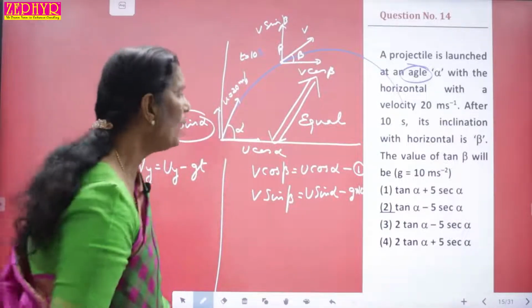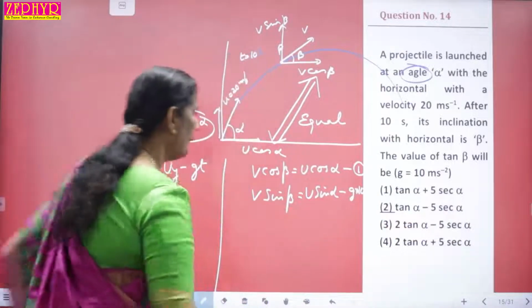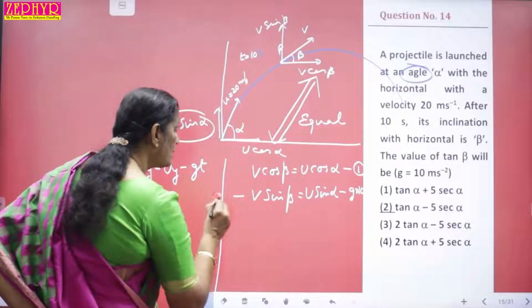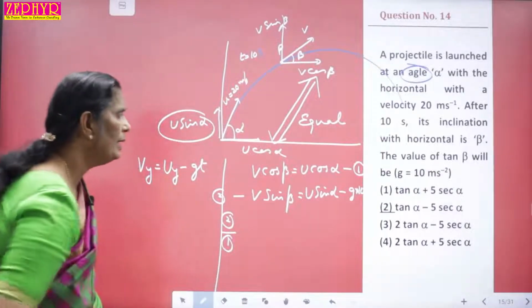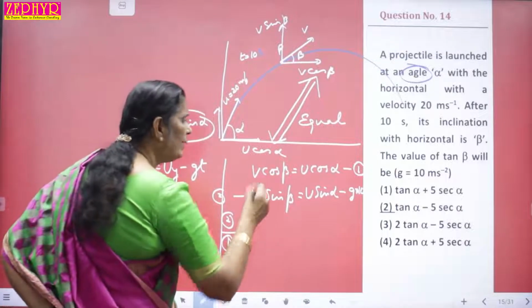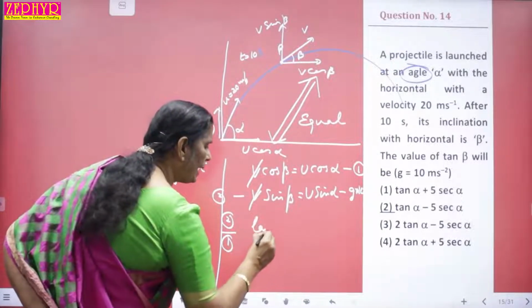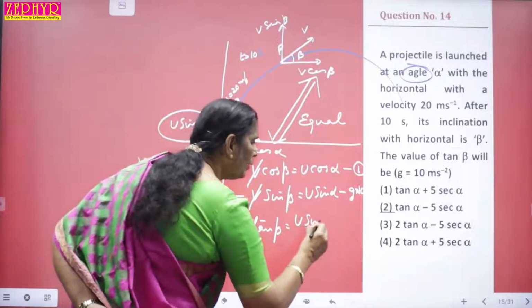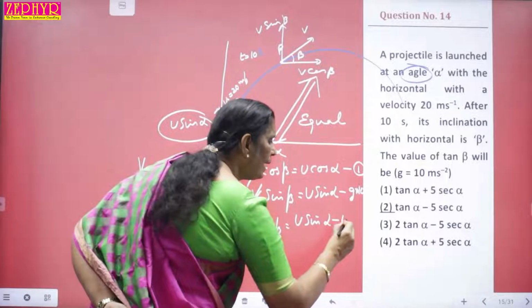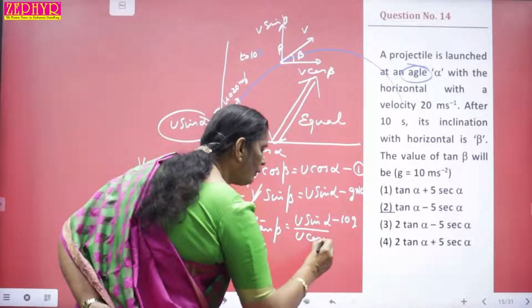Now, what do we need? We need tan beta. Divide the equations. Call this the second equation. Divide second by first. Then what happens? V gets cancelled. Sin beta by cos beta, tan beta, is equal to u sin alpha minus 10g by u cos alpha.